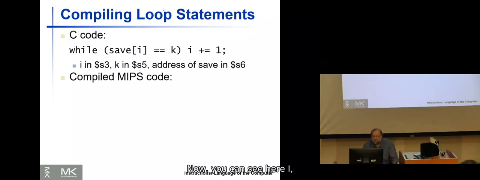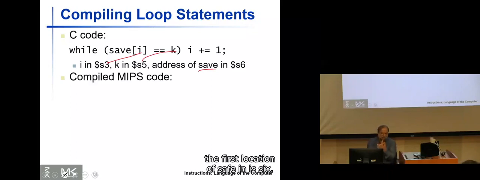And now you can see here, let's say I is in S3, k is in S5, and the address of save, the first location of save, is in S6.